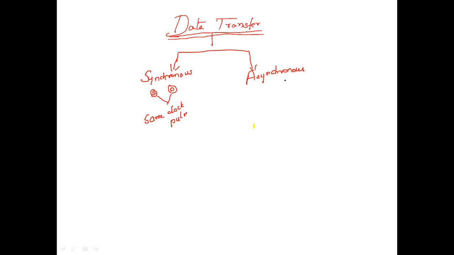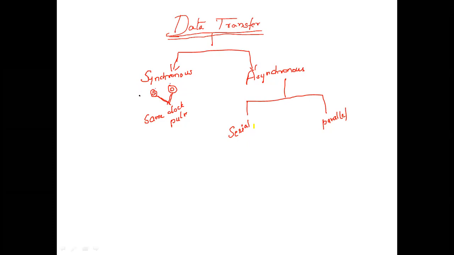When it comes to asynchronous data transfer, we again have two classifications: asynchronous serial transfer and asynchronous parallel transfer. Synchronous means the CPU clock pulse synchronizes with the source and the destination.